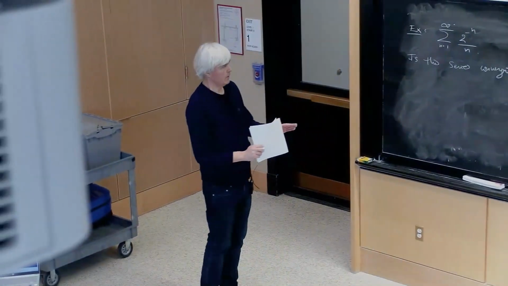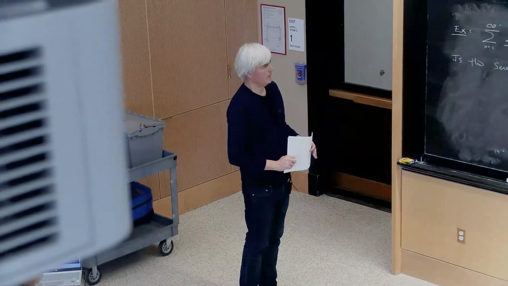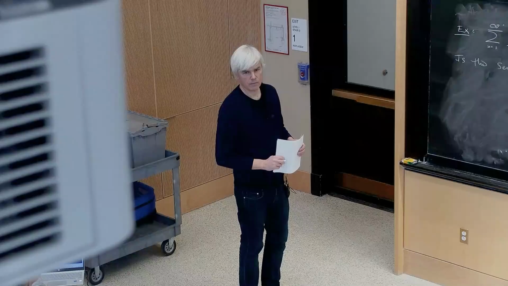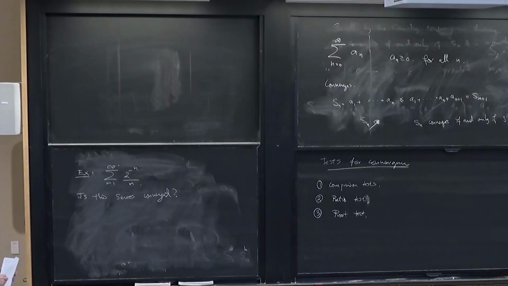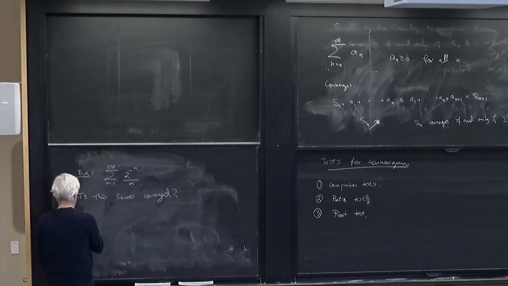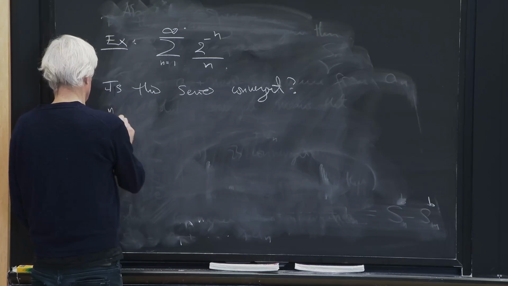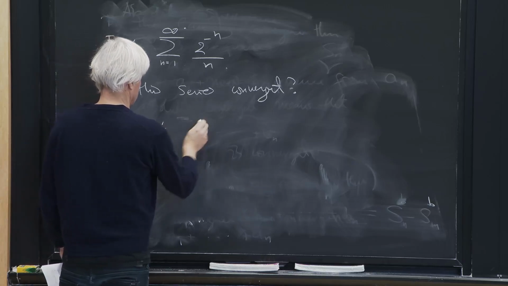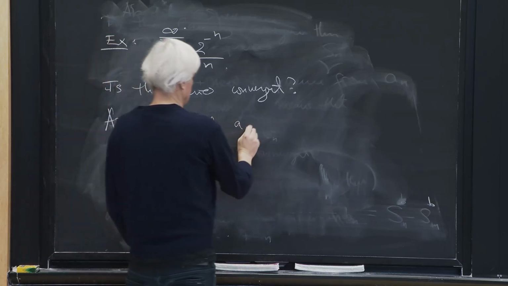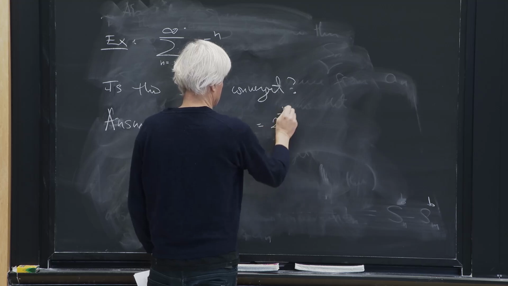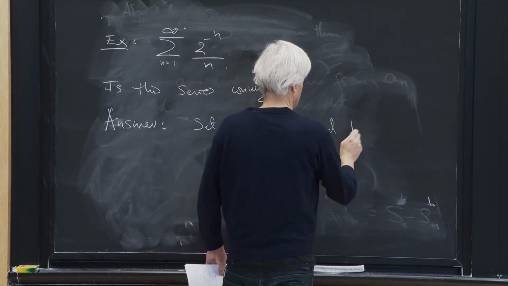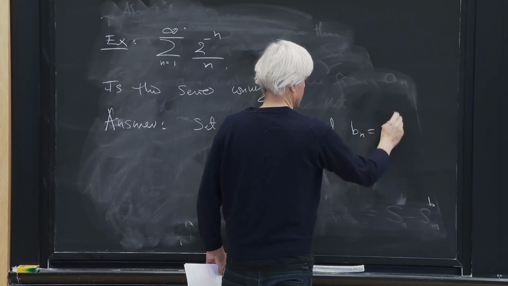In this case, you should think that this here is the sequence An, and you have to find the Bn. So we set An equal to 2 to the minus n over n, and Bn equal to 2 to the minus n.